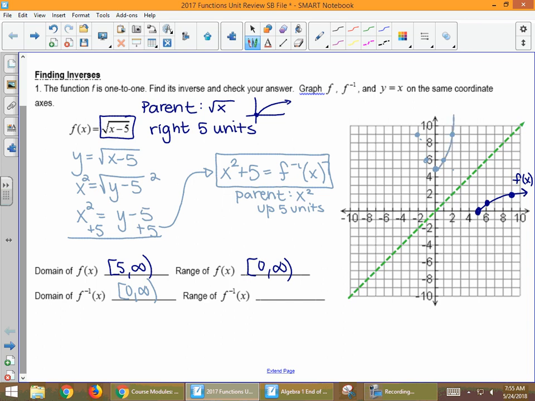So our inverse is just that part of the curve, not over here. So I'm going to erase that so the other part of our curve is gone.